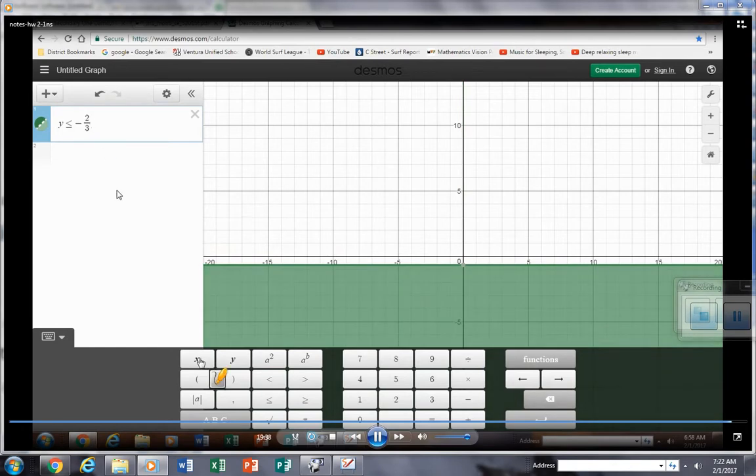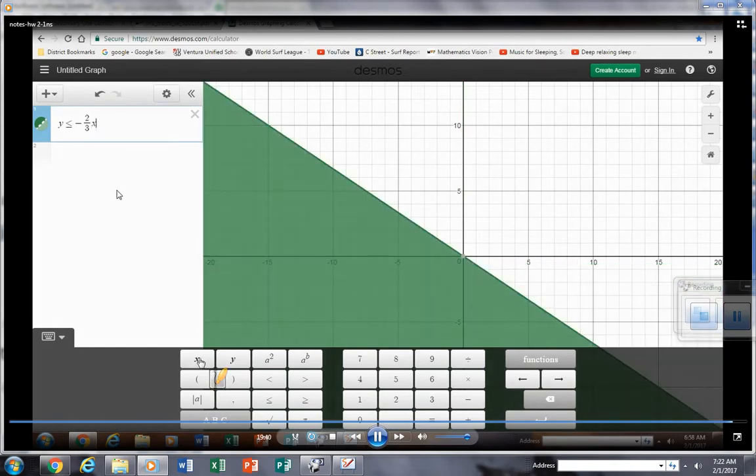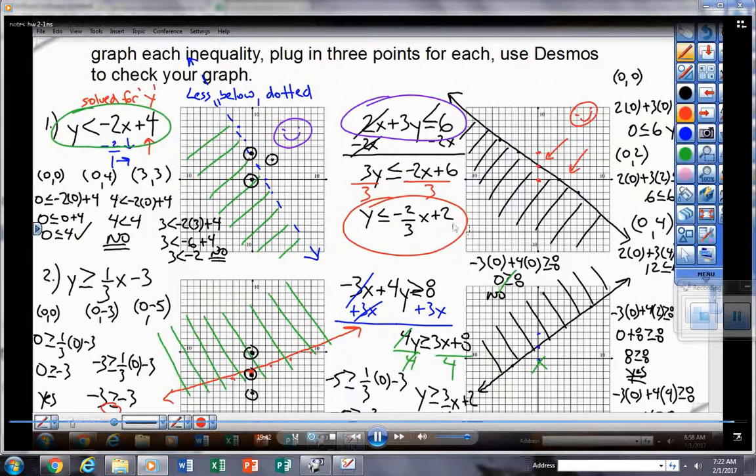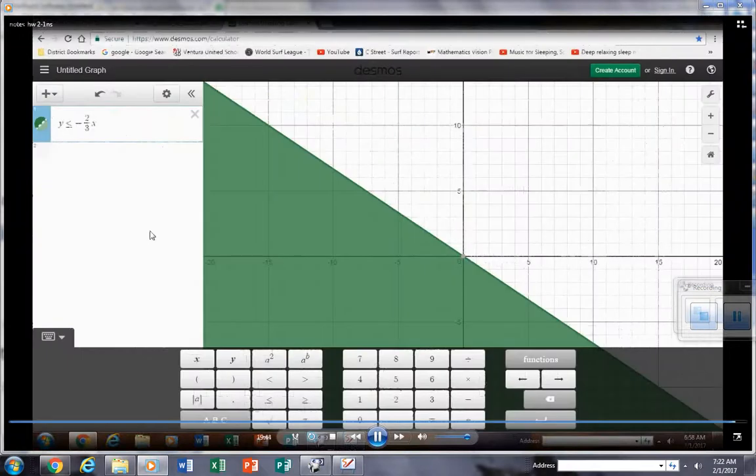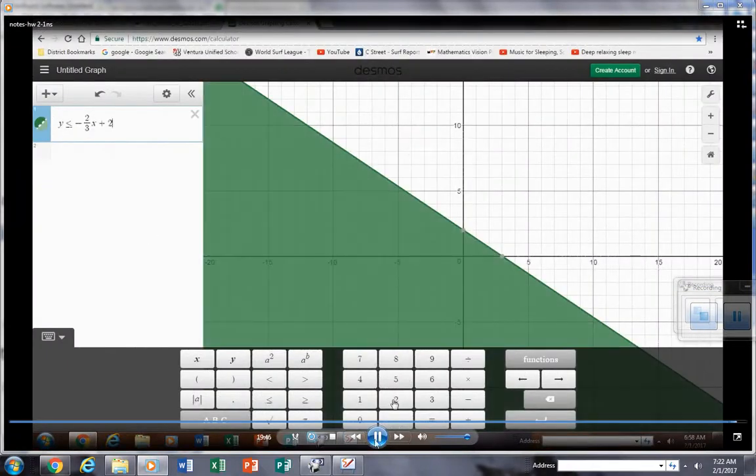So that's negative 2/3 times x. And then we'll get our y-intercept over there, plus 2. And then there's the same exact graph. Y-intercept of 0, 2, x-intercept of 3, 0, solid line shaded below. All these points will satisfy this inequality. All the points on the line will too, none of these will satisfy the inequality.